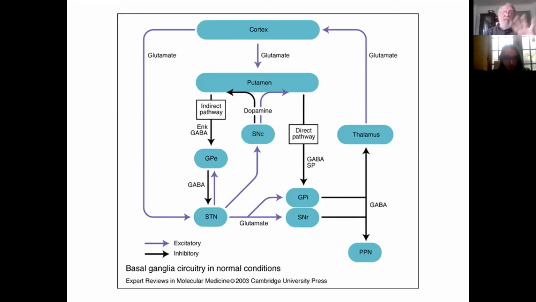So now you have to ask where on the putamen or caudate cell you are. Are you on a dendrite, or are you on a cell body very close to the axon hillock?